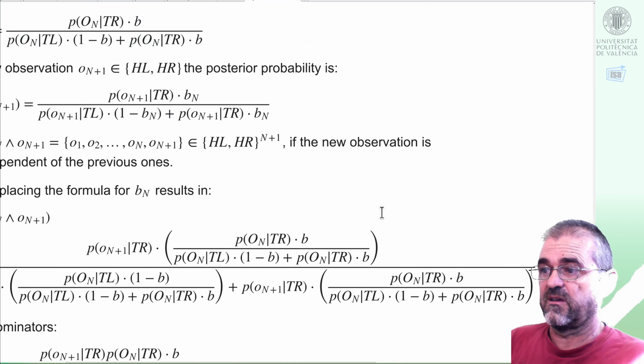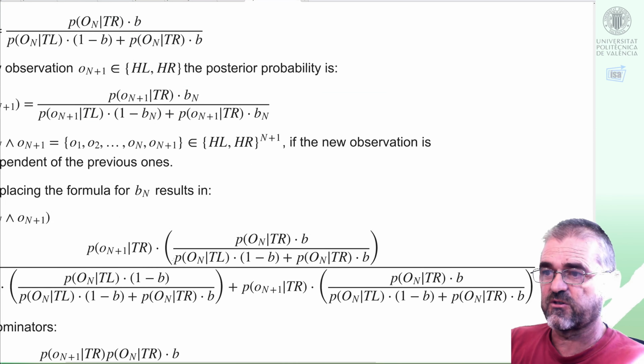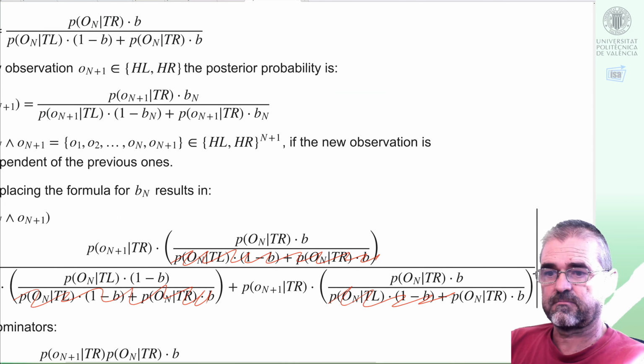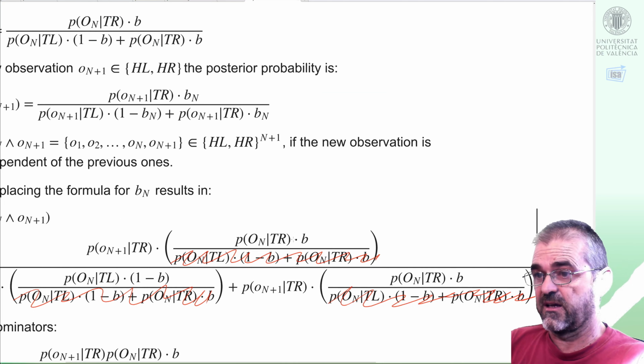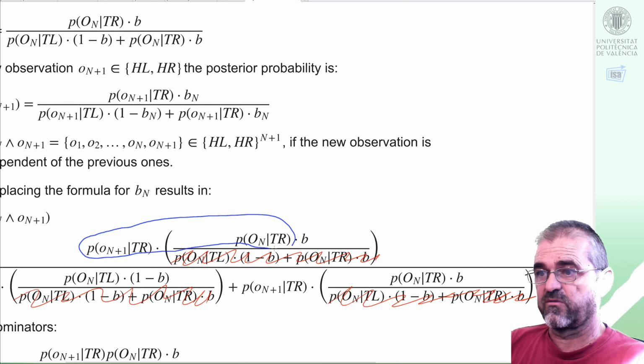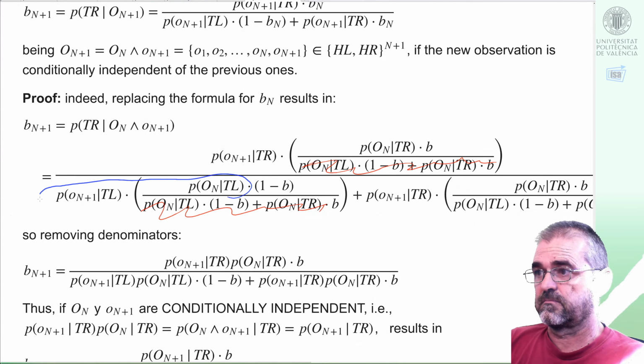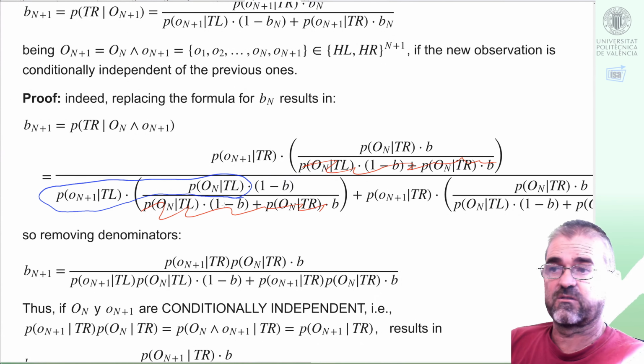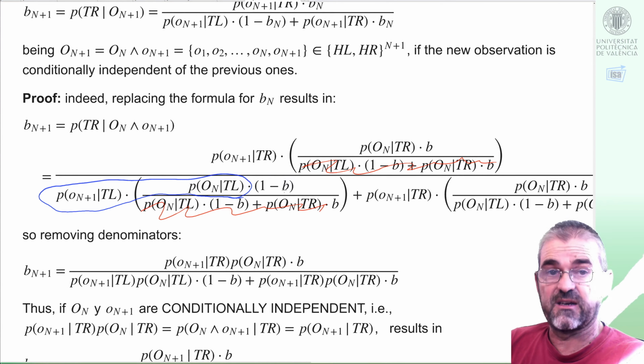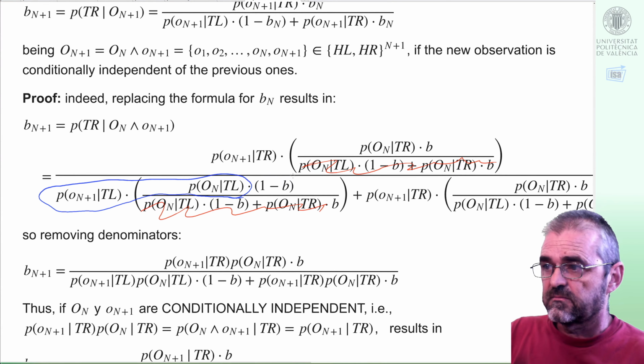And now, if I remove denominators by multiplying everything by this, then I get this product of conditional probabilities times the no roaring prior, and same here, and this product of conditional probabilities times the belief before listening to any roaring event.